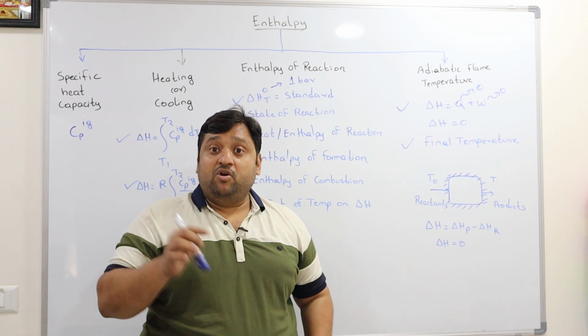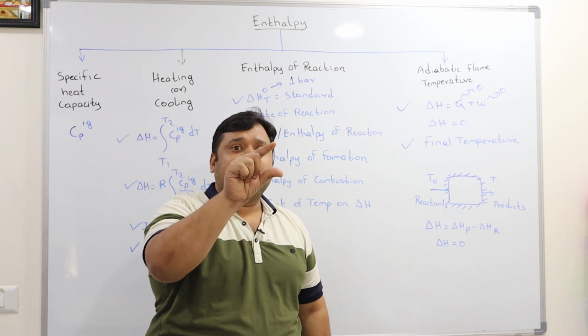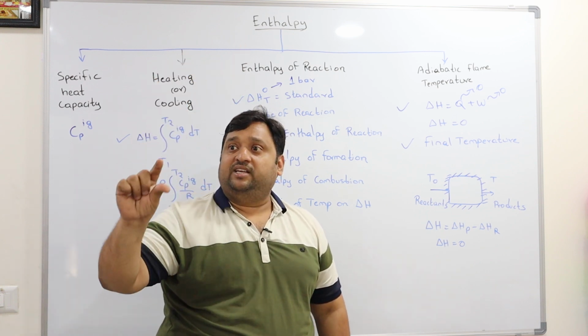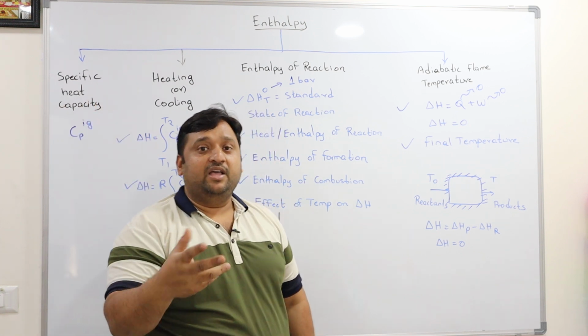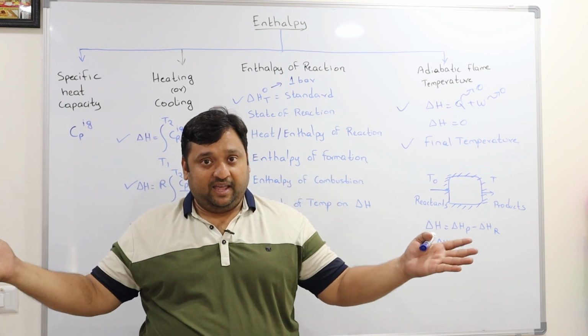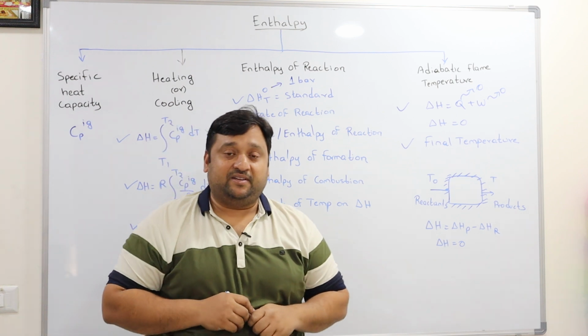That means, for example, A plus B gives rise to C plus D. If you know how A reacts with oxygen, how B, C and D each react with oxygen, that is combustion. Okay. If you know the combustion data of A, B, C, D separately, still you can find out the enthalpy of the reaction.